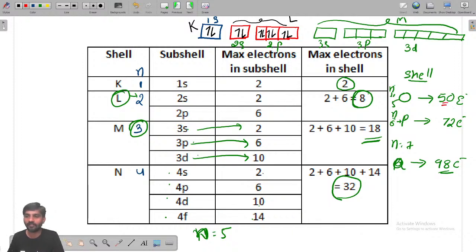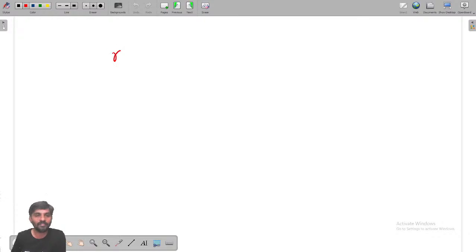So to get 50, for n equal to 5, I'll tell you here.